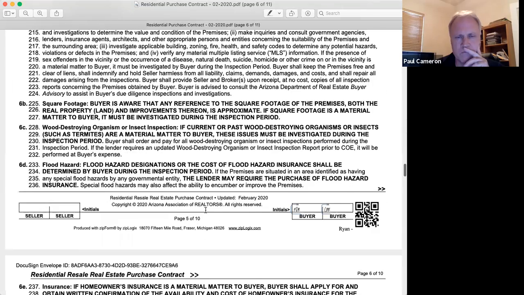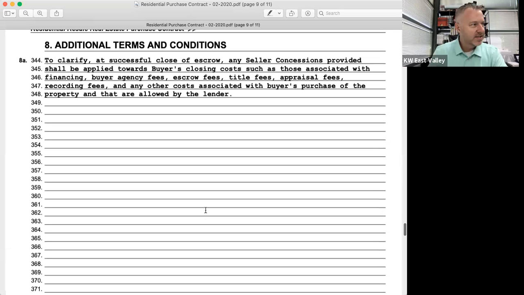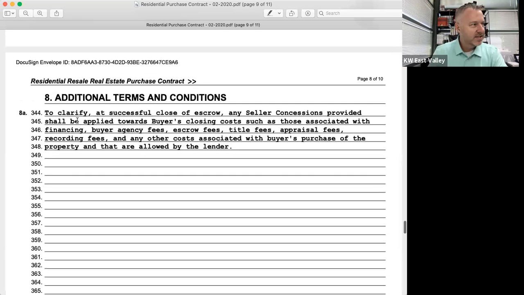So then I have down here in section 8 to clarify, at successful close of escrow, any seller concessions, recognizing we may negotiate them for something else, and they always negotiate it for some other number, then they say all other terms remain the same. So these terms would remain the same if that were to have happened.